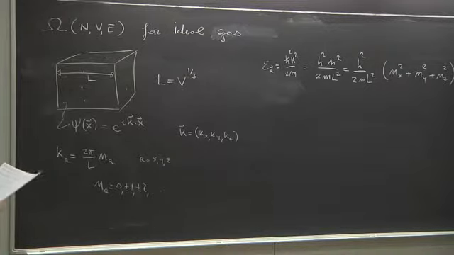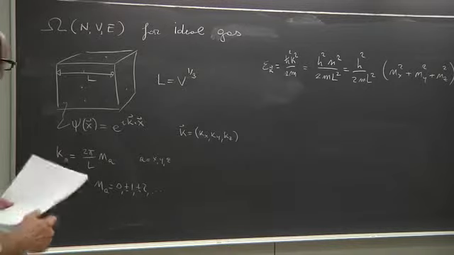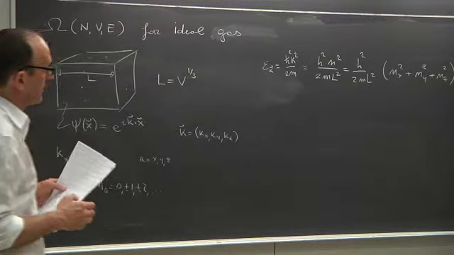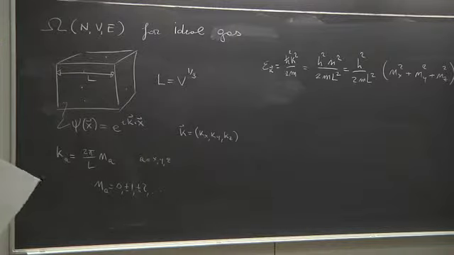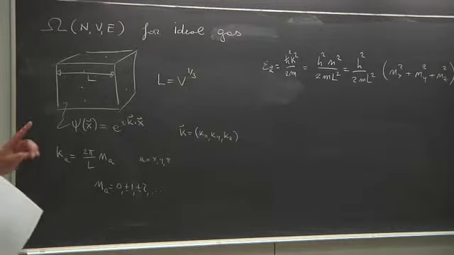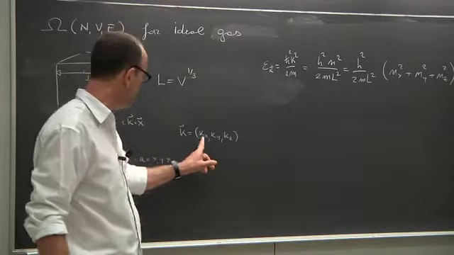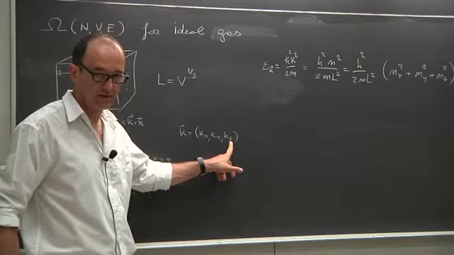Now, if I want to compute the total energy, a configuration, a microstate of my system will be specified by these three numbers for each particle.